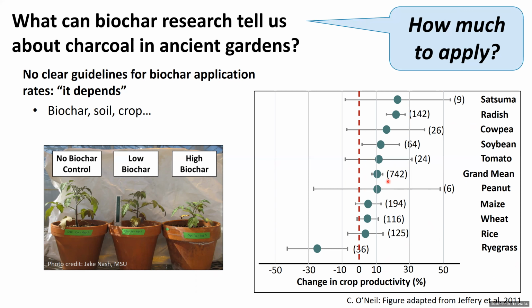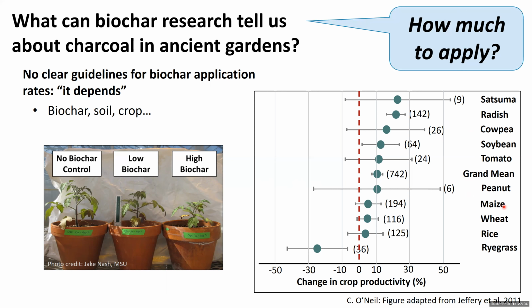But if we look at the results for individual crops, we see a lot of variability. And many of the crops have error bars that cross the zero line, which means there's no statistically significant effect of biochar on that crop's growth. In this meta-analysis, radish and soybean were the only crops that had statistically significant increases in productivity when they were grown with biochar.